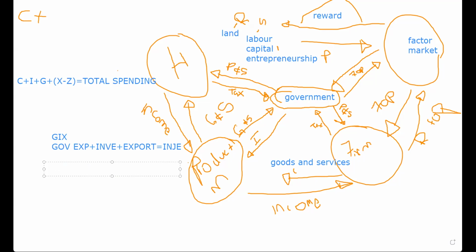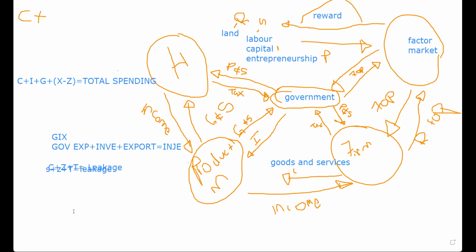What's going on, guys? Let me just do it again. X plus Z plus savings plus, and what else? Taxation equals a leakage.